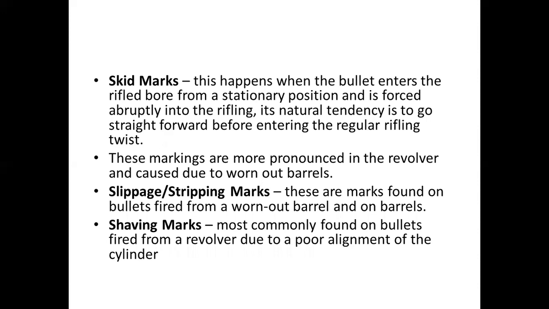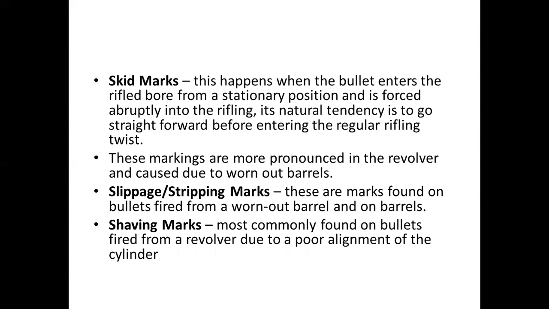Skid marks. This happens when the bullet enters the rifle bore from a stationary position and is forced abruptly into the rifling. Its natural tendency is to go straight forward before entering the regular rifling twist.